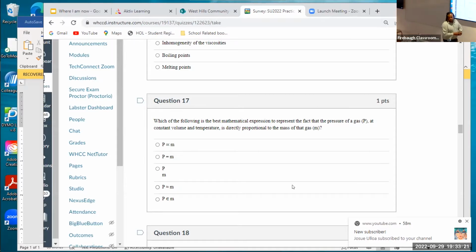It means directly proportional, because they're both on top, right? That means that pressure would go up, mass would go up.